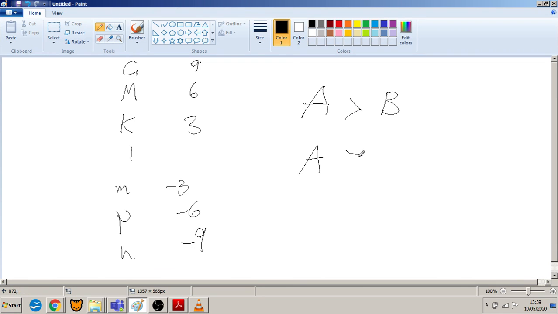A is greater than or equal to B. A is less than B, etc. So just keep an eye out on which side the small bit of it is and which side the big is. So A is smaller than B there. That's easy. When you know it, it's easy to figure it out like that.